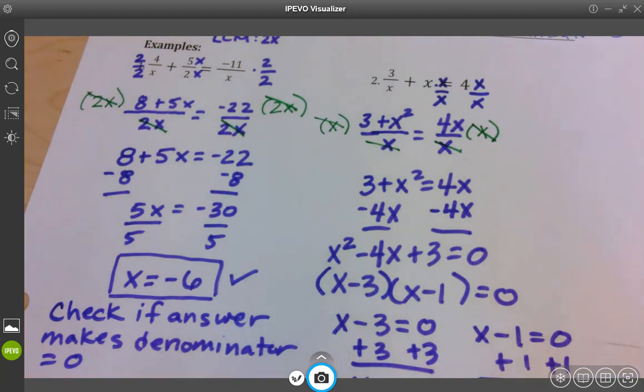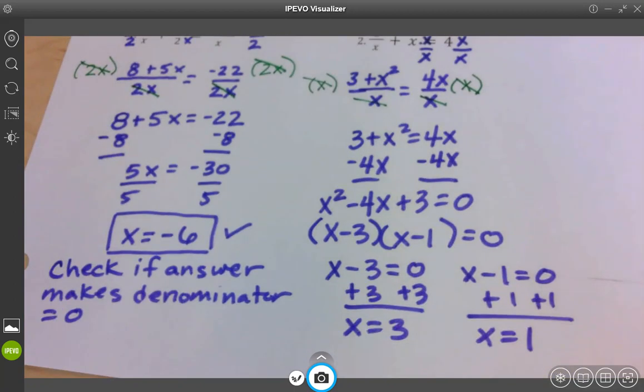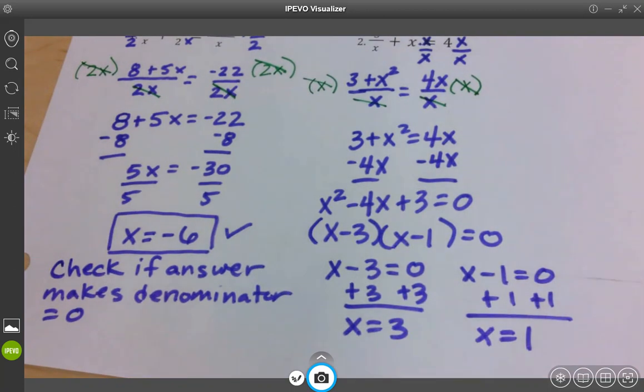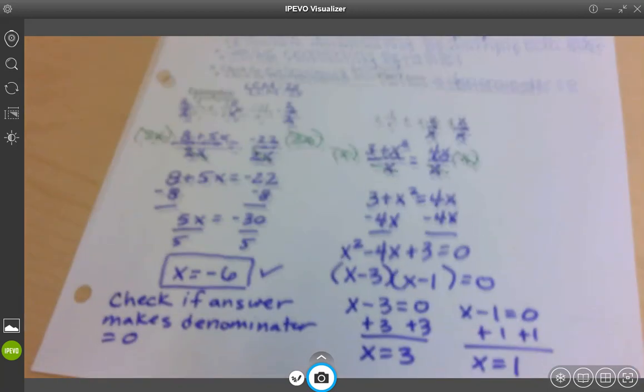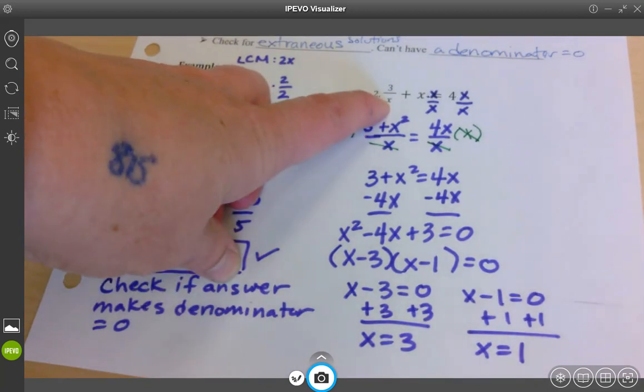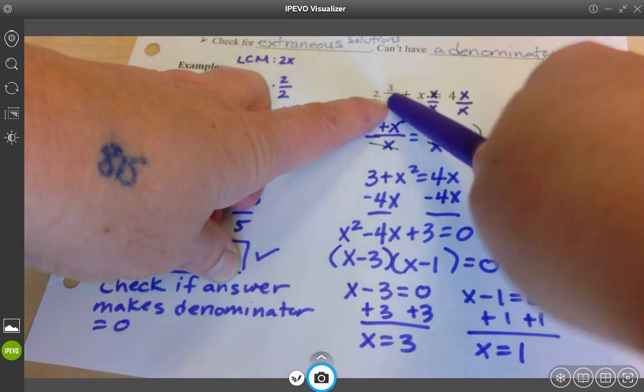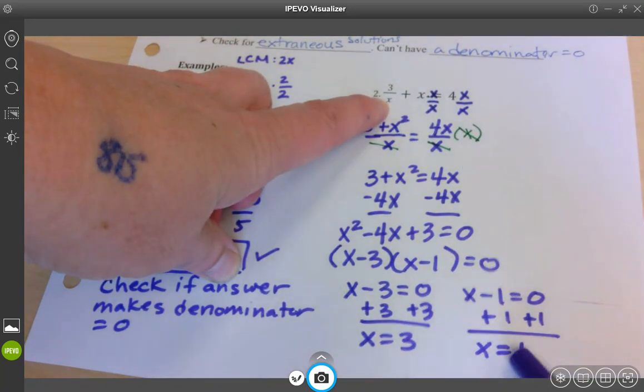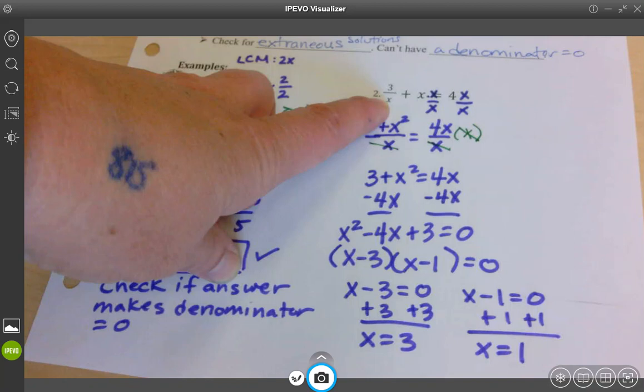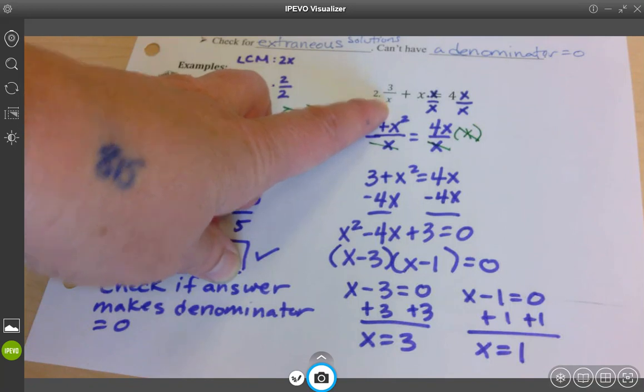Would either of those numbers make one of your denominators 0? So my denominator is just x, right? Looking at the problem. So if I put 3 there, my denominator is not 0. If I put 1 there, my denominator is not 0. So they both check out. Okay?